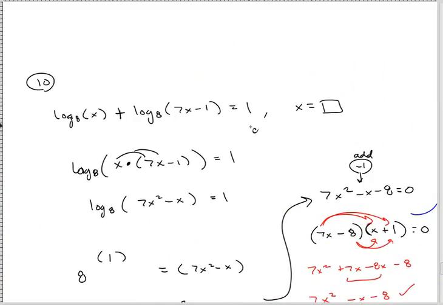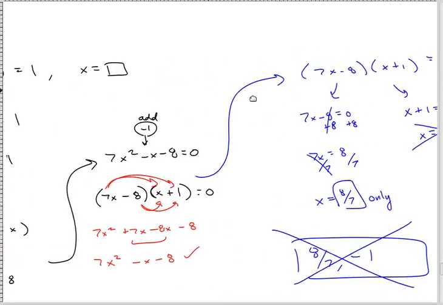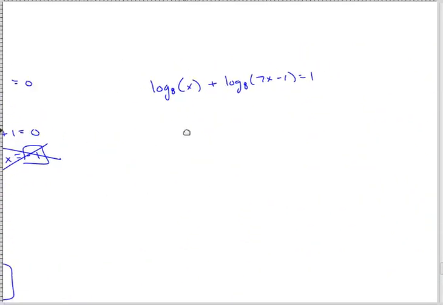So log base 8 of 7x minus 1 is equal to 1, I believe. Yeah, okay, just making sure. So what if I plugged in to x my negative 1? Let's just start with that. Well, now I've got log of negative 1, which does not work on a calculator. It'll just error. So that's no good.